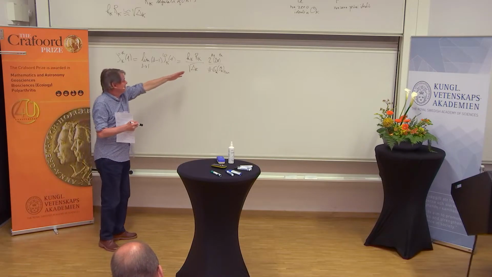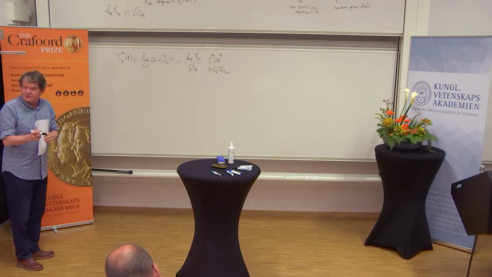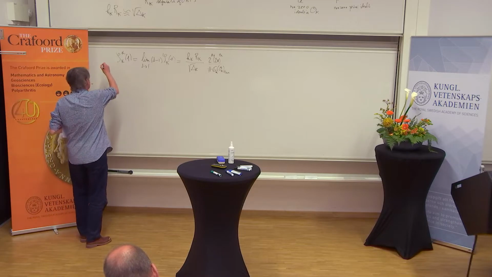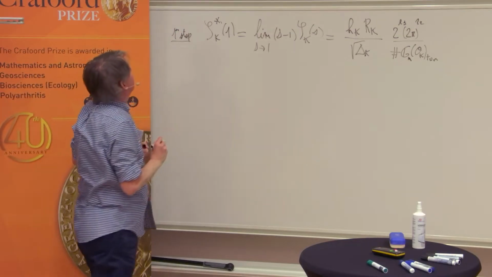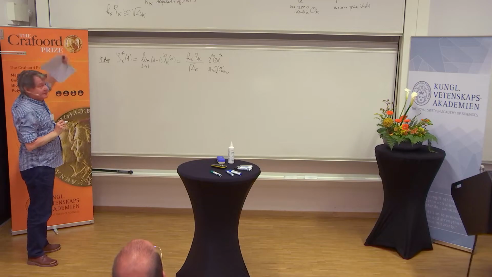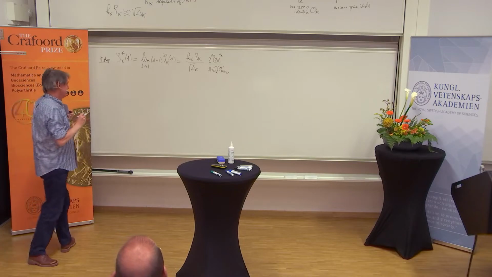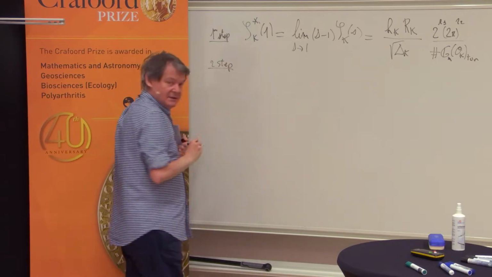So in the class number formula, in the residue, appear the three quantities that we want to look at. That would be the first step. That's what I call, like Euler, computing the special value of the zeta function. And of course, the second step is analytic estimates.